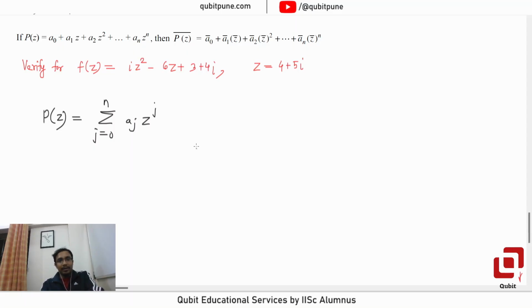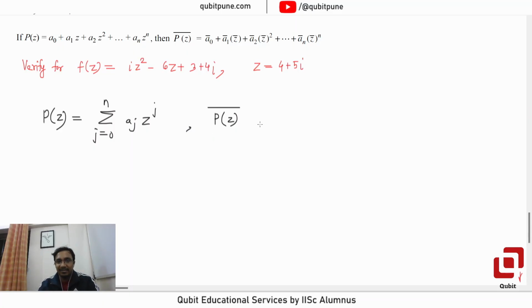If this is the polynomial, and let's say we want to determine the complex conjugate of the value of the polynomial at the given number z, that means we want to determine p of z bar. So p of z will be obtained first, and then we will take its complex conjugate.